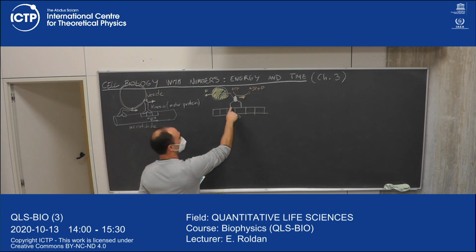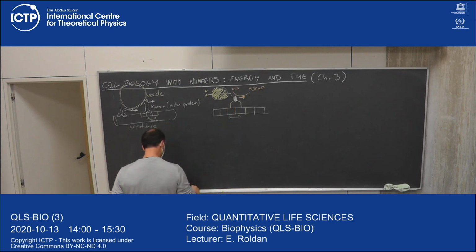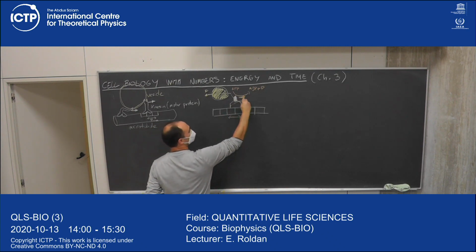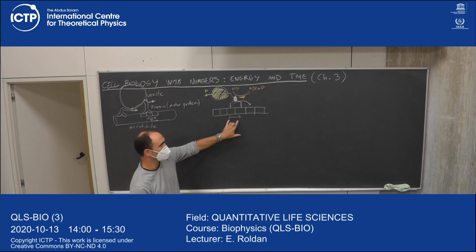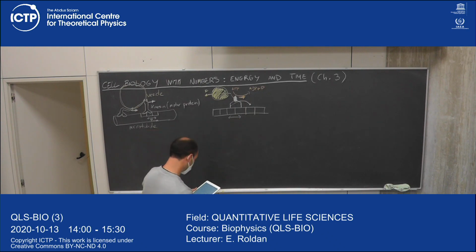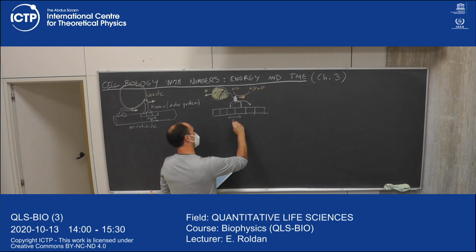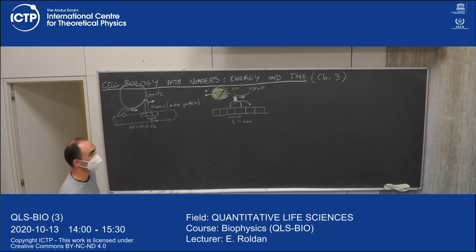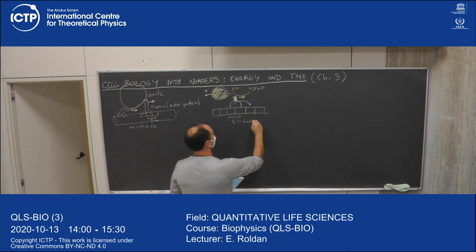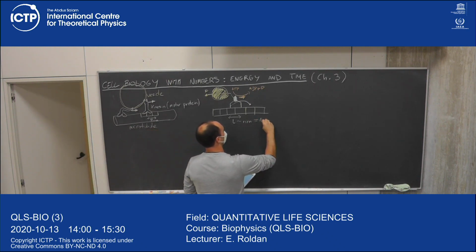In the next step, this leg will come here. So its center of mass will move by the period of the filament. And the period of the filament has a length that is typically of the order of nanometers. Okay. 1 nanometer is a very small quantity, and as I said in my previous class, this is 10 to the minus 9 meters.